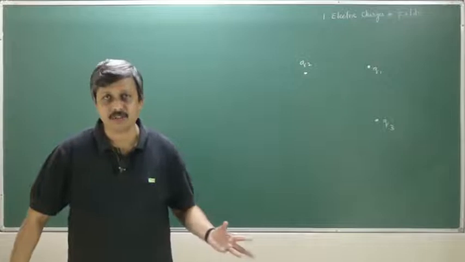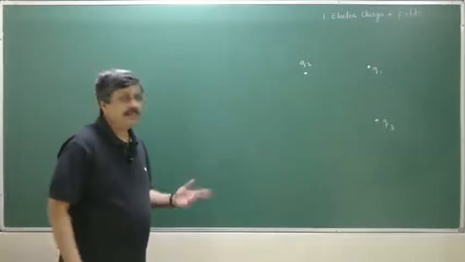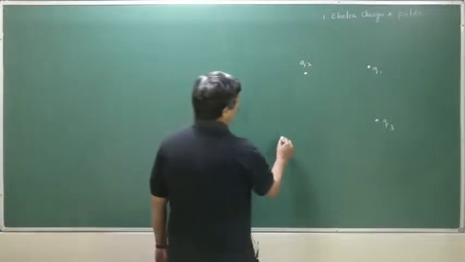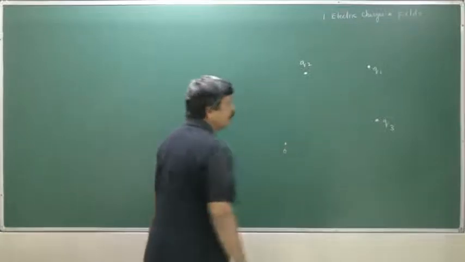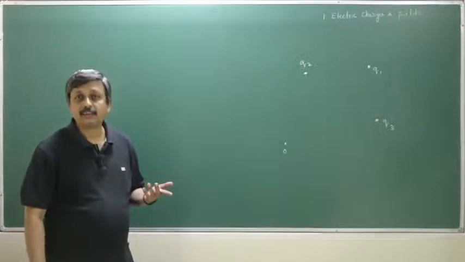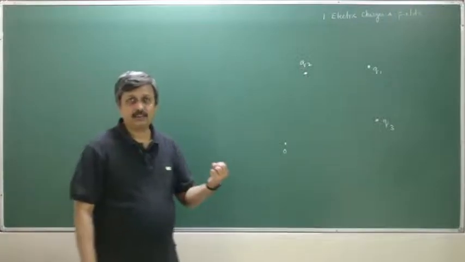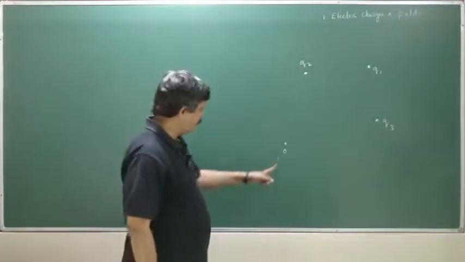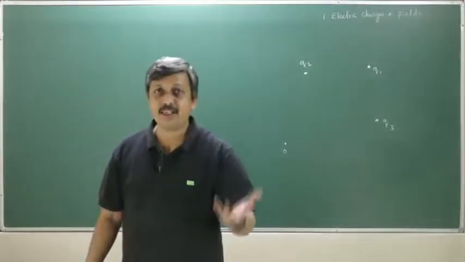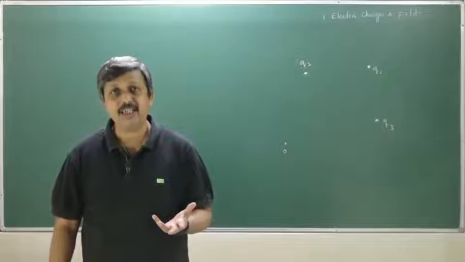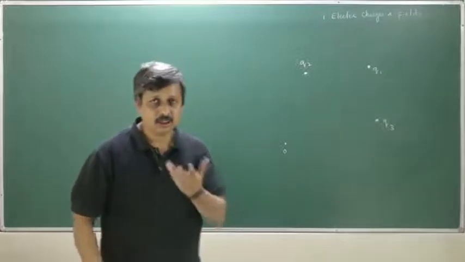Now there are three charges. So let's say this is my coordinate system, and this is my origin O. From here I can draw lines and find out the position vectors. The line drawn from here to the point is a position vector, and that vector can be specified using i, j, k coordinates. So that you all know.